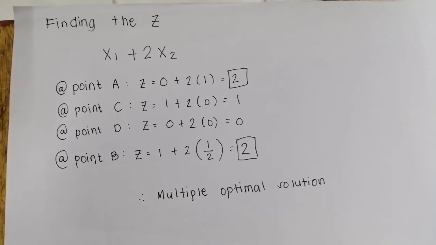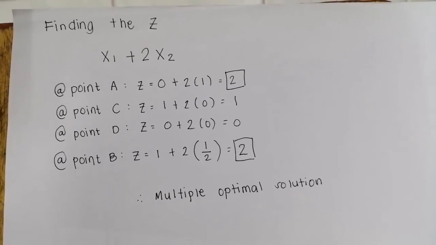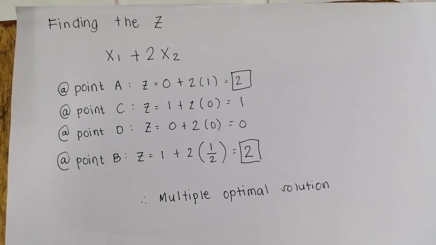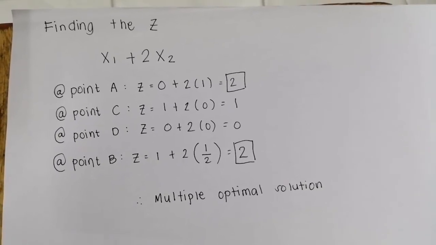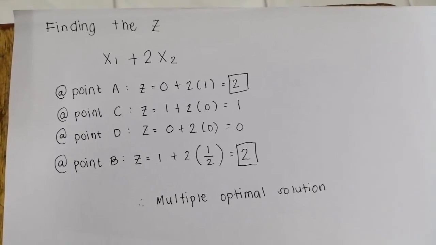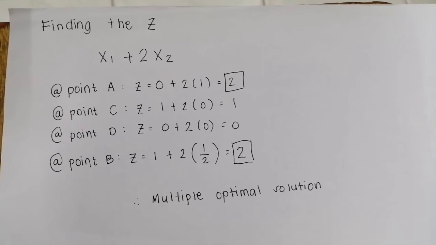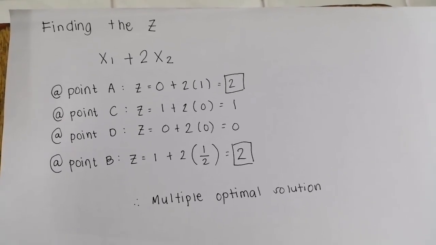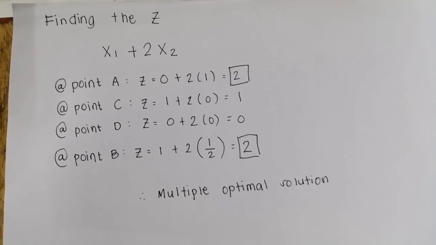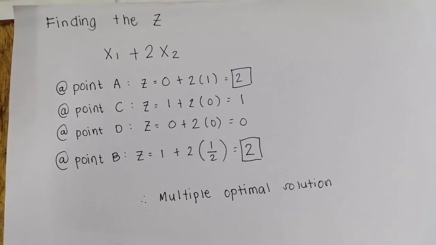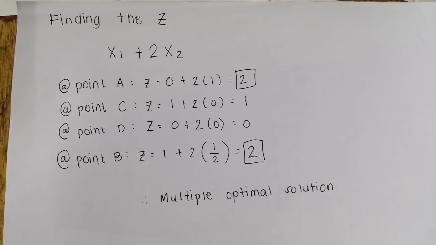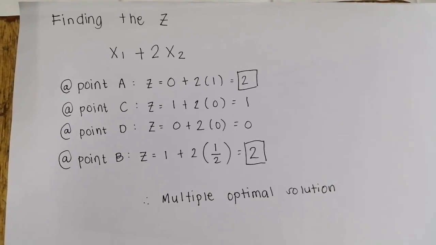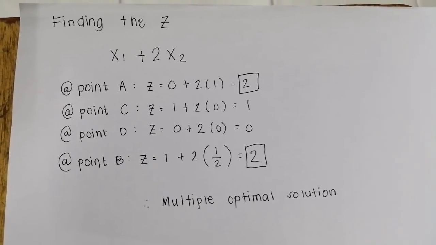At point D, z is equal to 0 plus 2 times 0 and is equal to 0. At point B, z is equal to 1 plus 2 times 1/2 and is equal to 2. So as you can see, we have two optimal solutions, which are at point A and at point B.